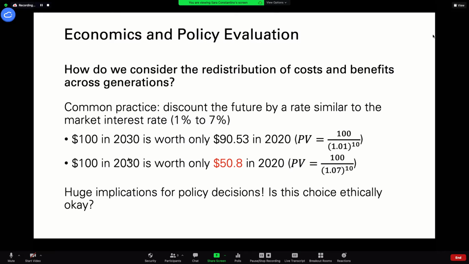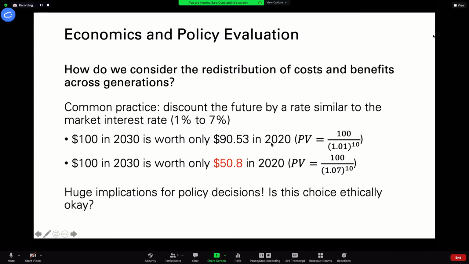So for example, consider $100 in 2030, and we're trying to understand what the present value of that is under different discount rates. If we take a discount rate of 1%, that would be worth only $90.50 in 2020.